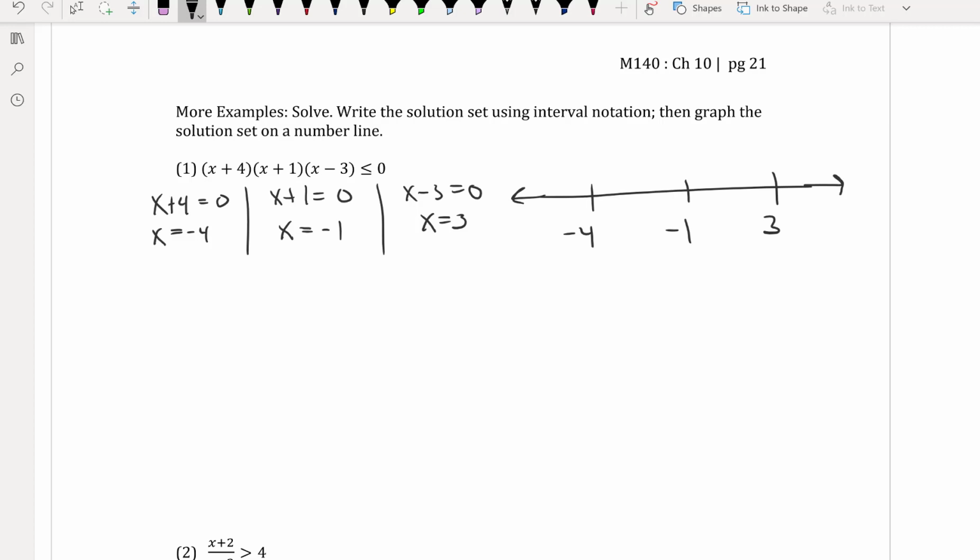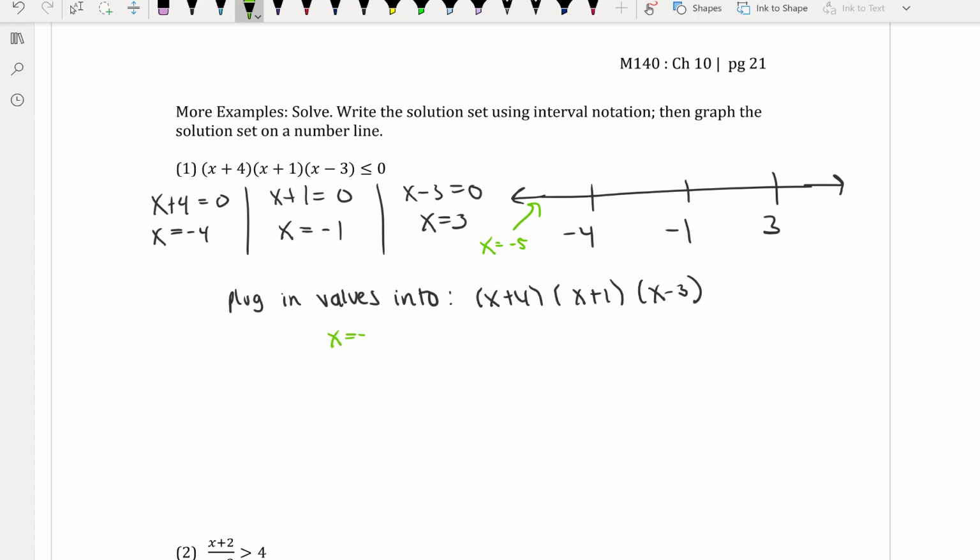So now I'm just going to have some values that I'm plugging in. So remember, I'm going to plug in values into my original equation, which is x plus 4, x plus 1, and x minus 3. So over here, let's pick x is equal to negative 5.